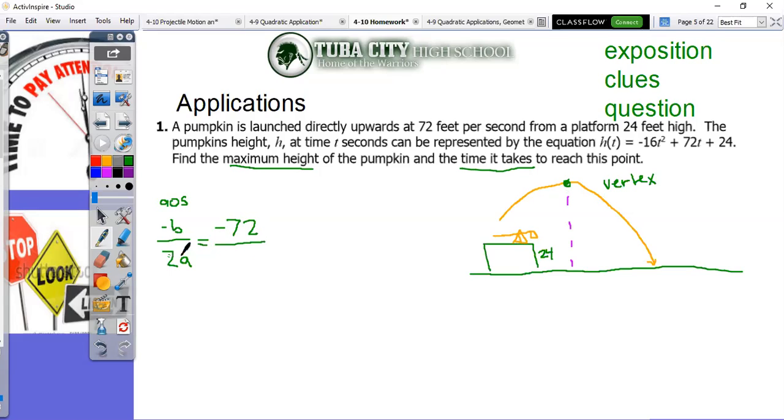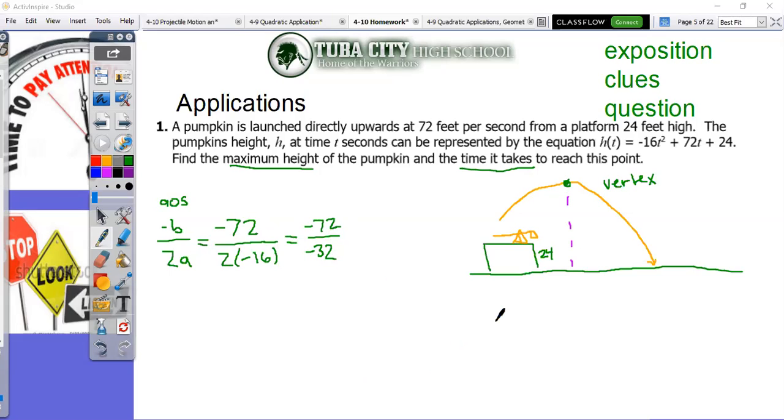And over 2a, so in this case, 2 times negative 16. There we go. So now we have a better clue of where the axis of symmetry is. So this is going to be negative 72 over negative 32.